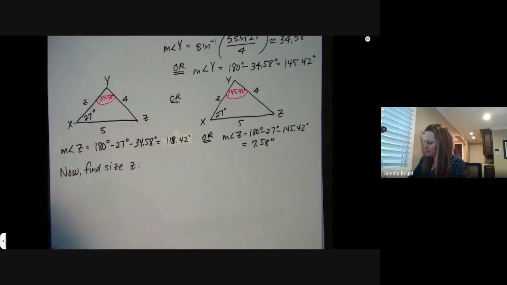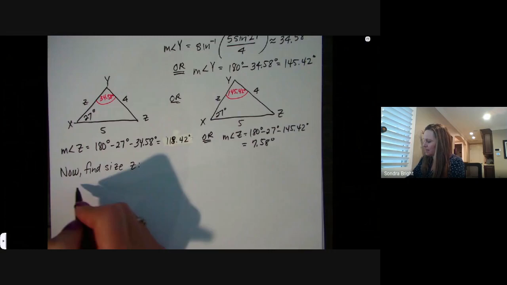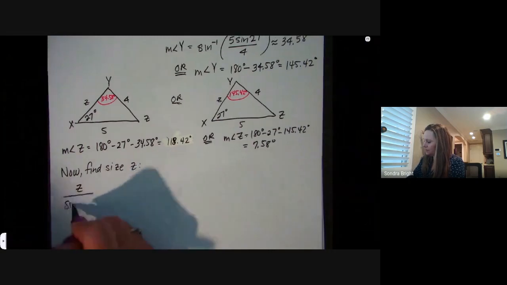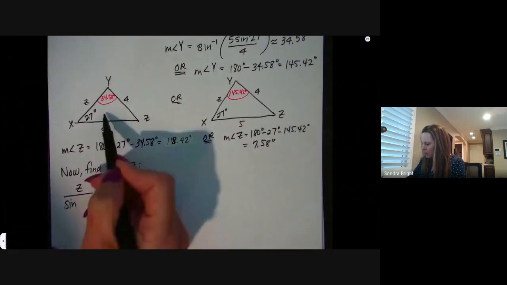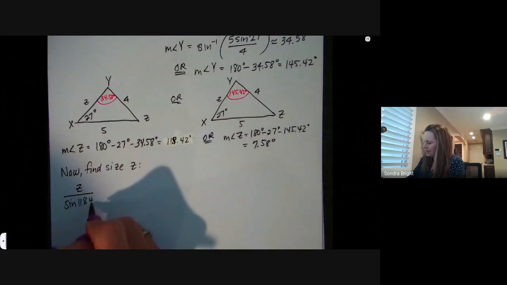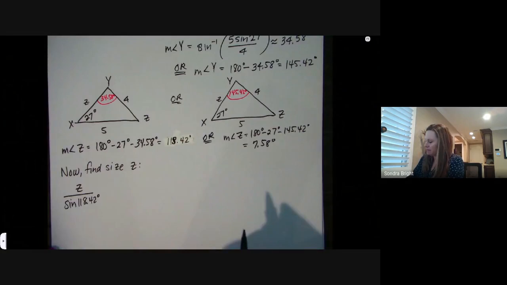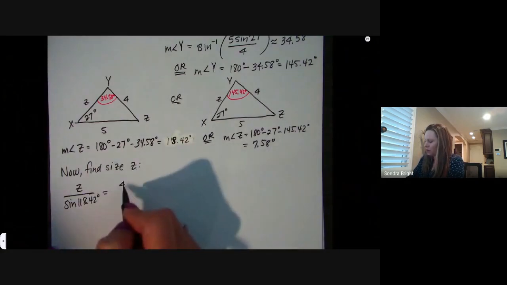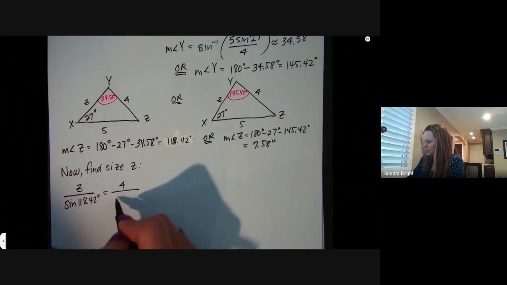So side Z is the one I'm trying to find. It'll be over sine of, in this triangle, angle Z was 118.42 degrees. And then set that equal to, and I'm going to use the information they gave me. Side X was 4 over sine of angle X, which was 27 degrees.